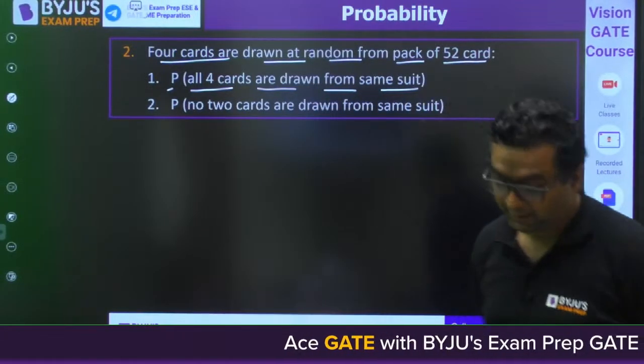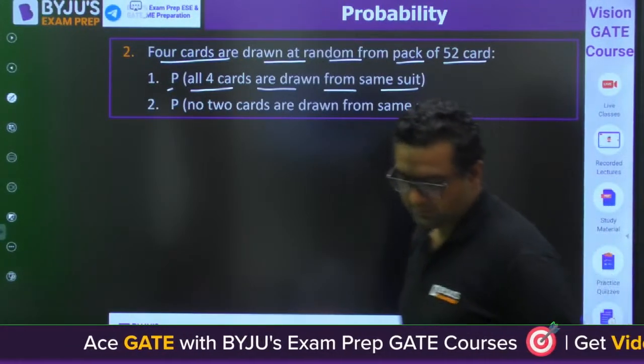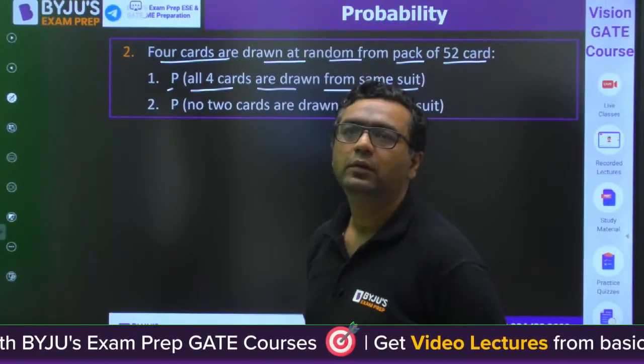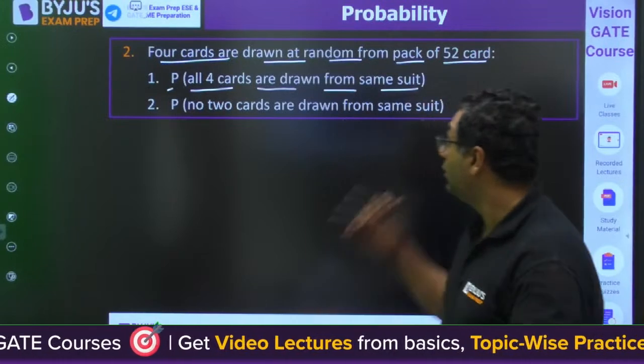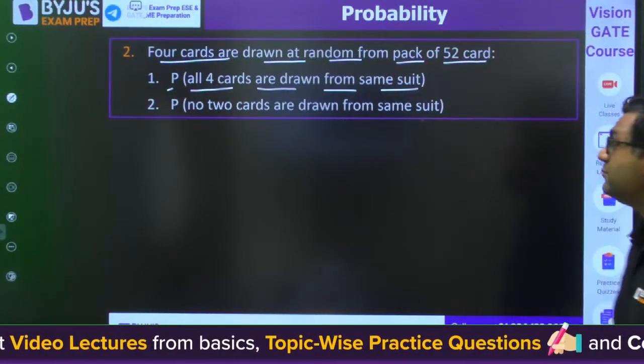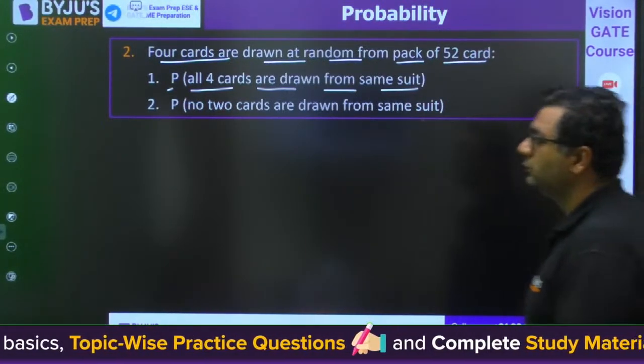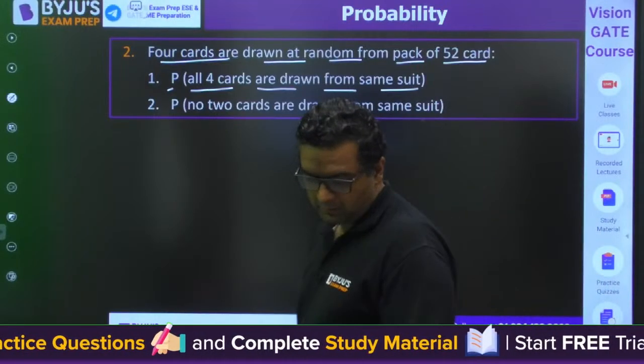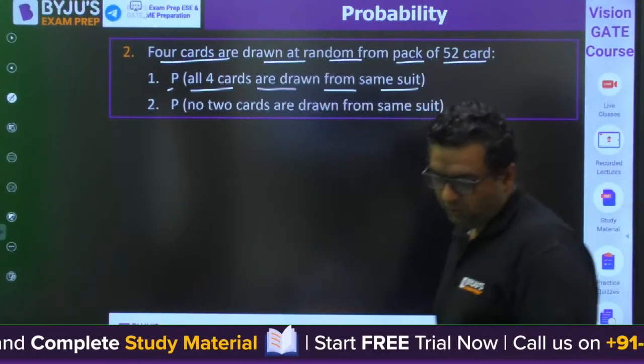Tell me, what would be the answer? All 4 cards are drawn from the same suit. Solve it.